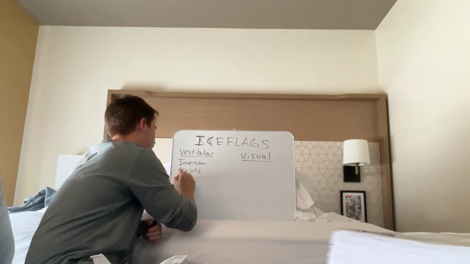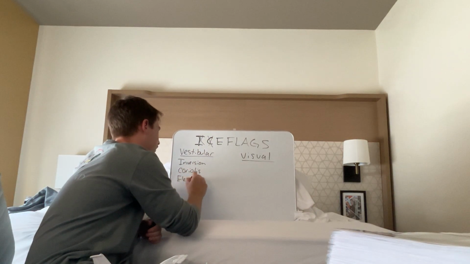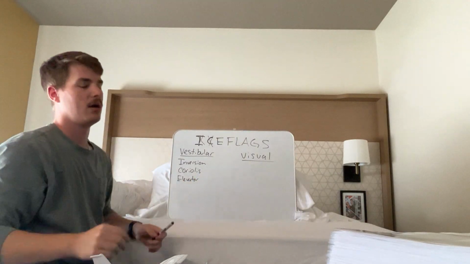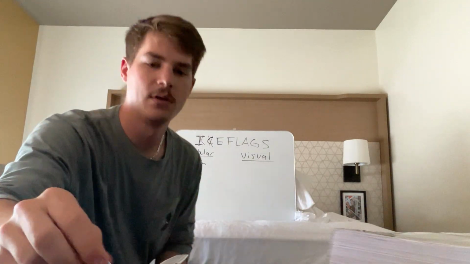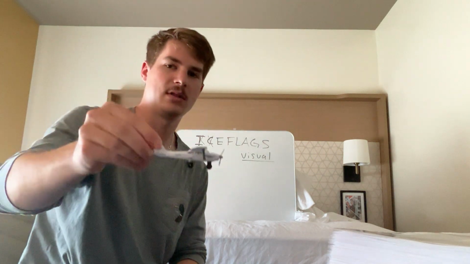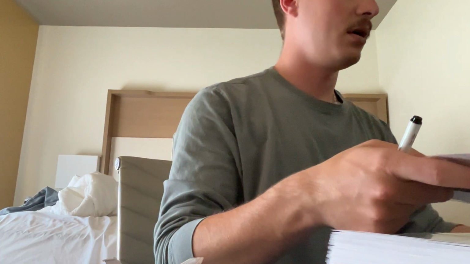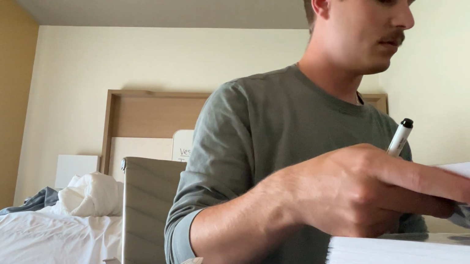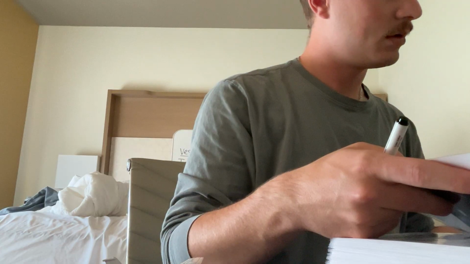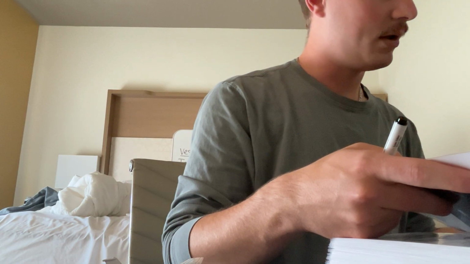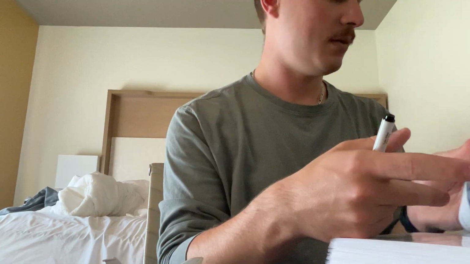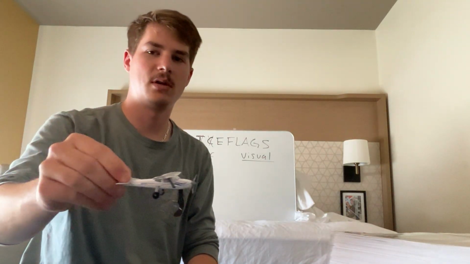Then we have elevator. Here's another vestibular. So this is the vertical movement. If your airplane gets hit like that, abrupt vertical movements can cause disorientation, feelings of climbing and descending, which to me kind of makes sense because you kind of are climbing or descending.